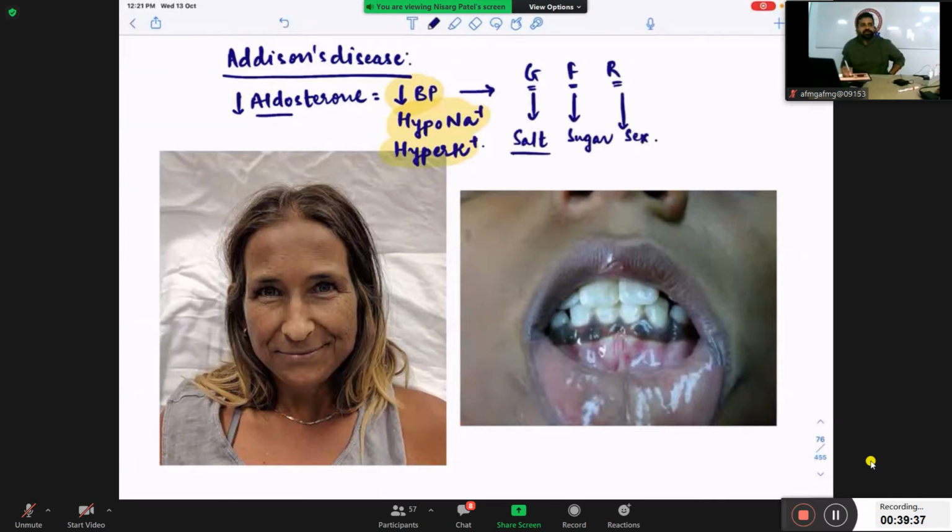So salt means mineralocorticoid. So mineralocorticoid is which hormone? Aldosterone. Sugar means glucocorticoid. Which hormone? It is cortisol. And sex hormone, dihydroepiandrosterone. So from the outer cortex, G, F, and R, and then comes the medulla. Which hormone is secreted from the medulla? Epinephrine and norepinephrine.